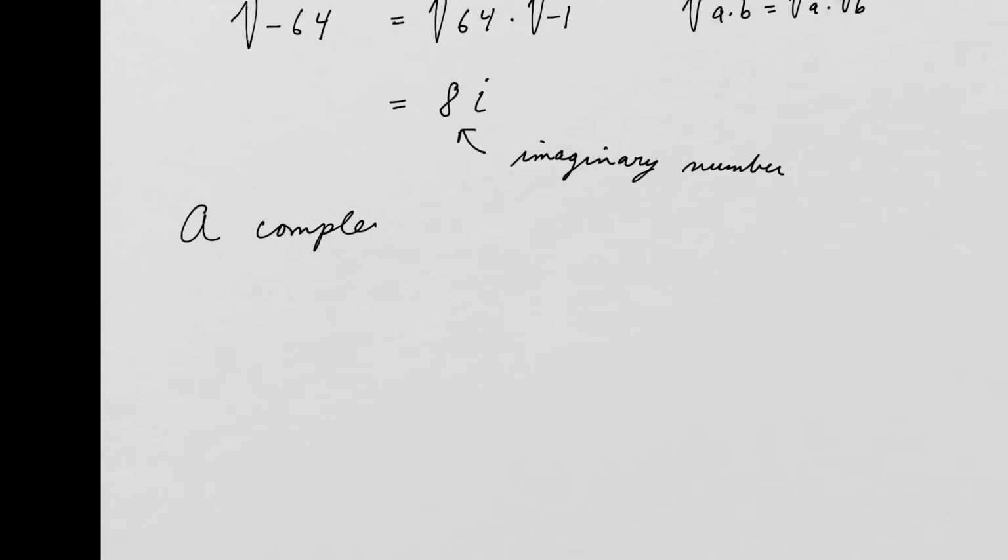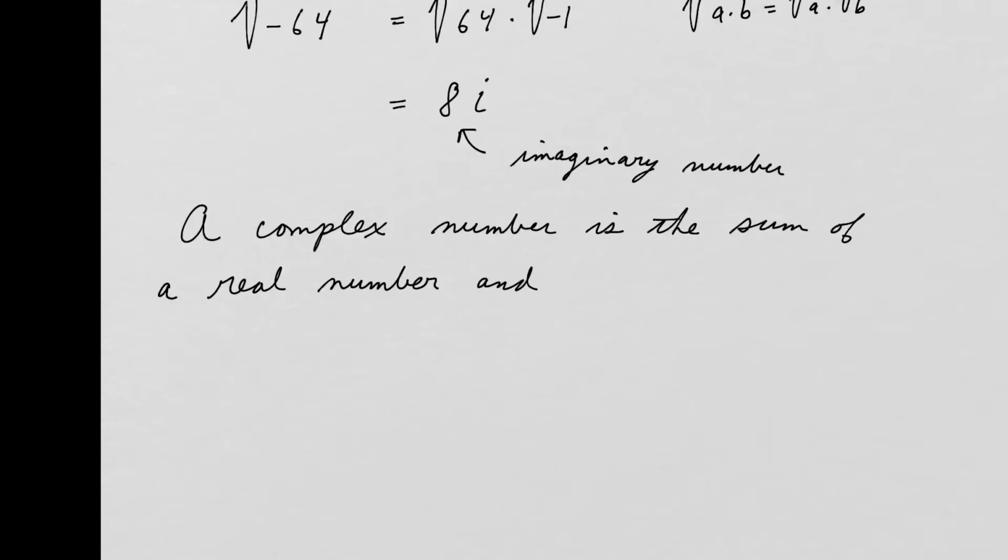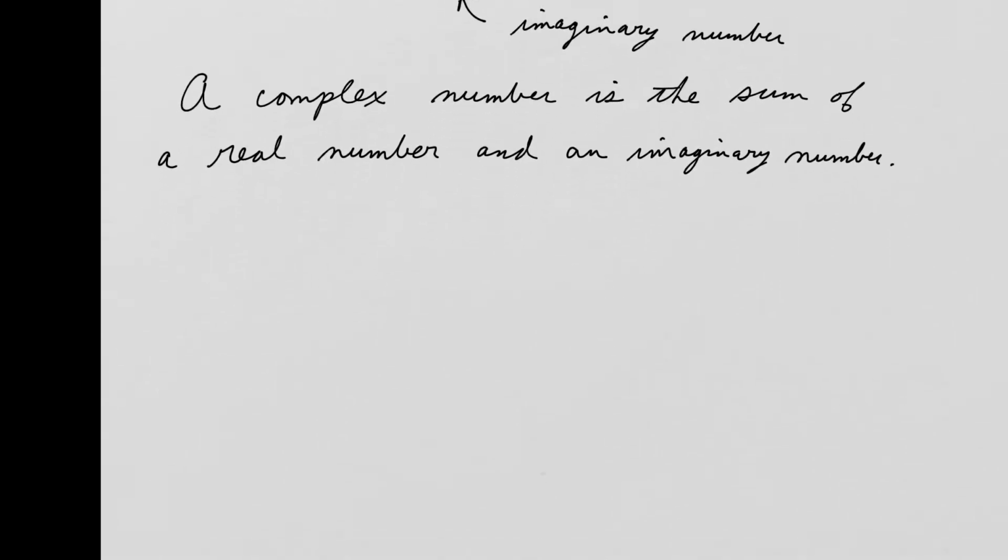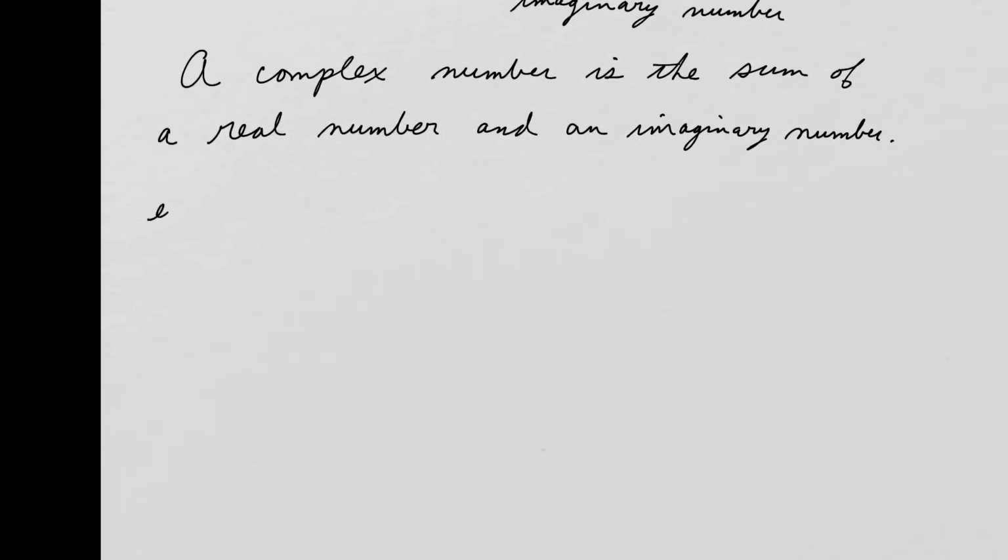So for example, if I have 7 plus 3i, that would be a complex number, right?